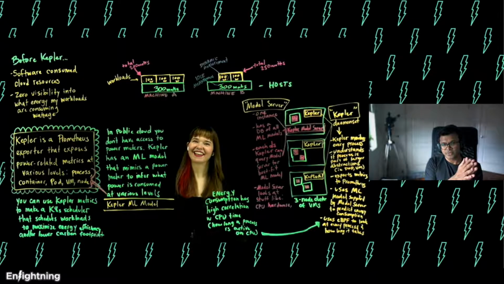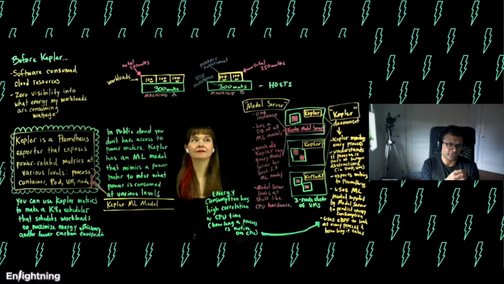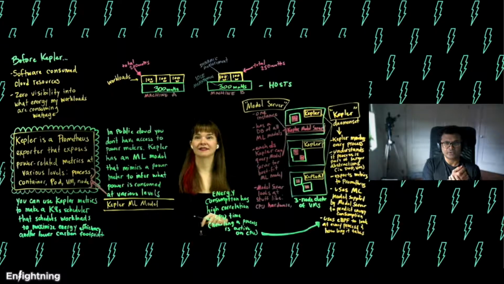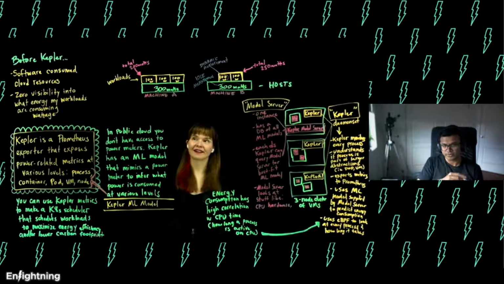CPU usage is one thing, but running the same workload on different machines yields different values. For instance, not every machine would have a base consumption of 300; there could be one which is idling at 100. You understand that your workload requires 100 watts, and that's the actual usage by your process.